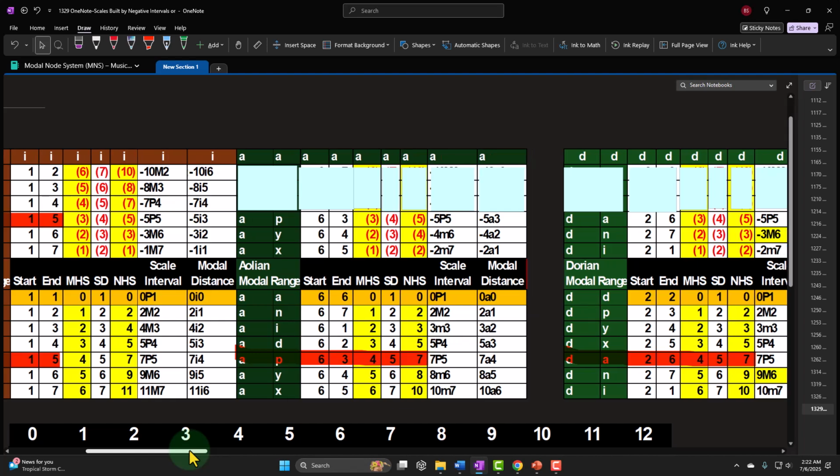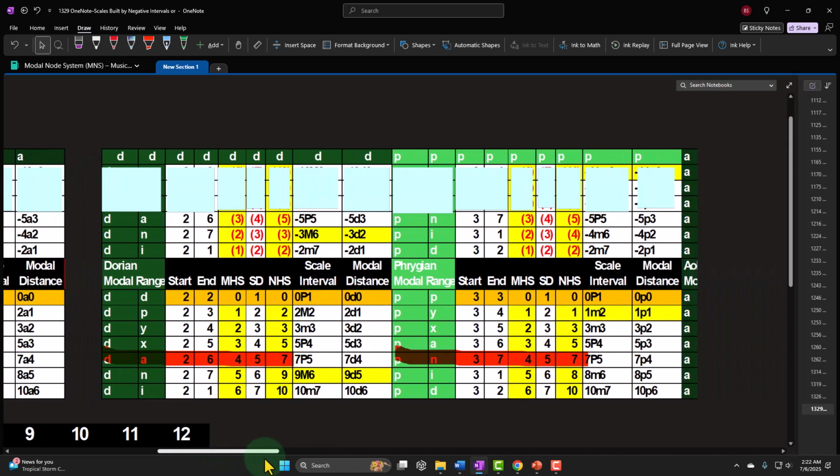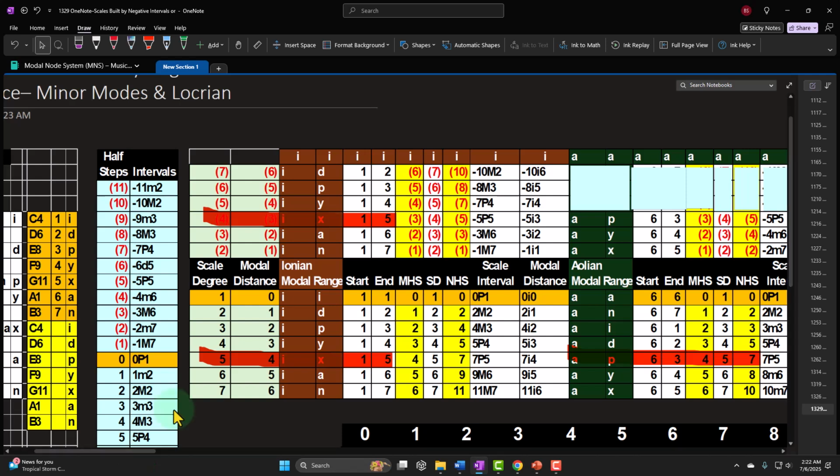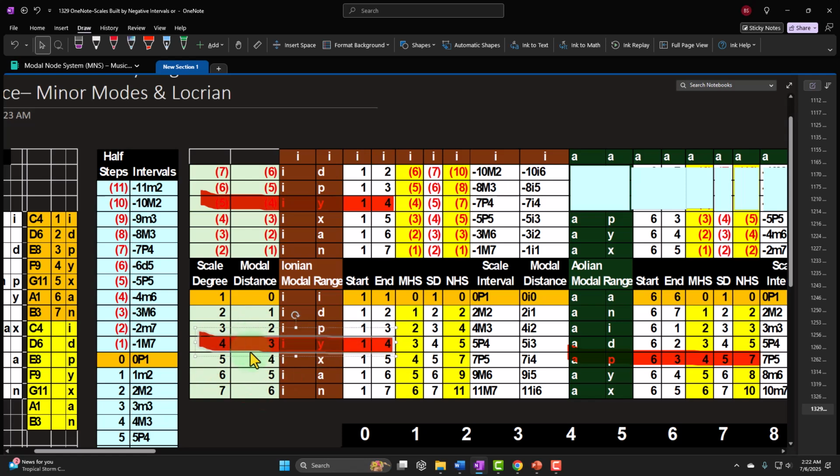Okay, so we went all the way through then. Let's go to the next one. So we're going to go on up, moving on up to this one, and boom. Now we're going to go 4 modal half steps back, which would be the negative 5th scale degree if we had those.